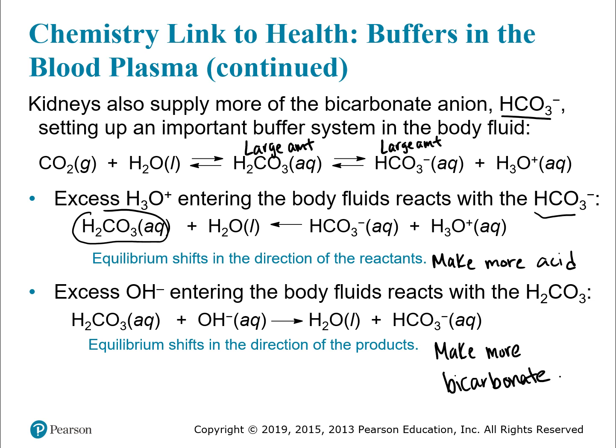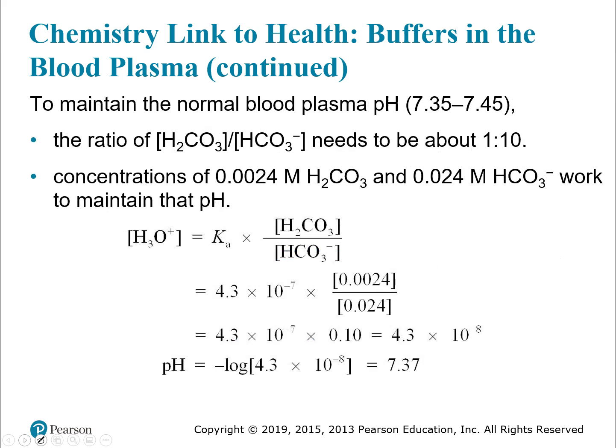That's the buffering system that's set up in our blood. The ratio needs to be 1 to 10 in terms of the acid to the conjugate base. And these are the concentrations that we're looking at with our blood.